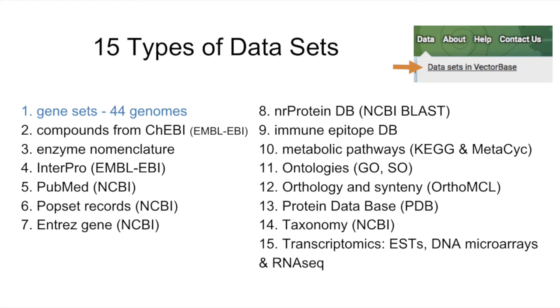So in addition to the genomes, compounds, enzymes, InterPro, which we use for the demo for the strategy system, PubMed, PopSet records, gene, non-redundant proteins database, immune epitopes, metabolic pathways, ontologies, orthology and synteny, protein database, taxonomy, and this is the one I showed you, DNA, microarrays, and RNA-seq.